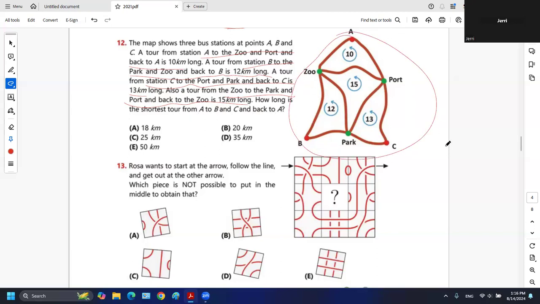That should be the shortest, so let's do it. 10 plus 13 plus 12 is, that'll be 20. So B is the answer.